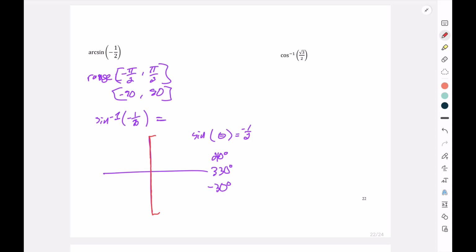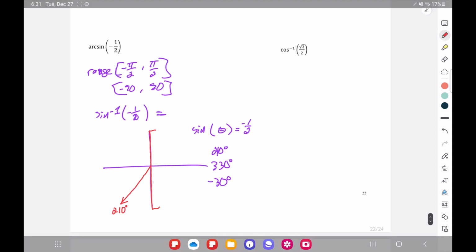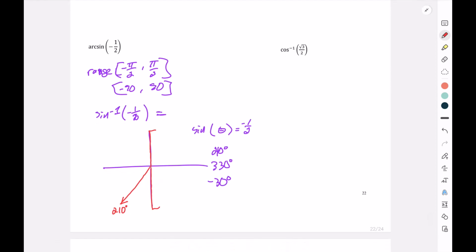We know that 210 degrees would put us in the third quadrant. 330 degrees would put us in the fourth quadrant. And negative 30 degrees would put us in the fourth quadrant. But since we want to be negative, our answer would be negative 30 degrees, or negative pi over 6.